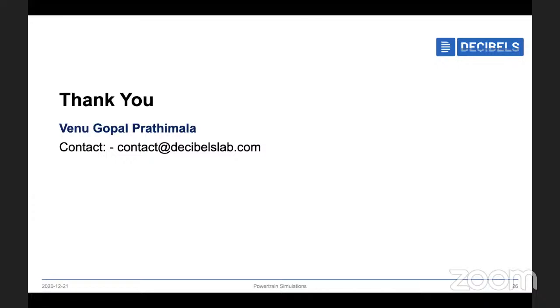Okay, great. The next question was from Abhishek. How can we estimate current draw by a motor if no data is provided by the manufacturer? If no data is provided, then what you can do is either go for some literature work on similar motor sizes in terms of power ratings.